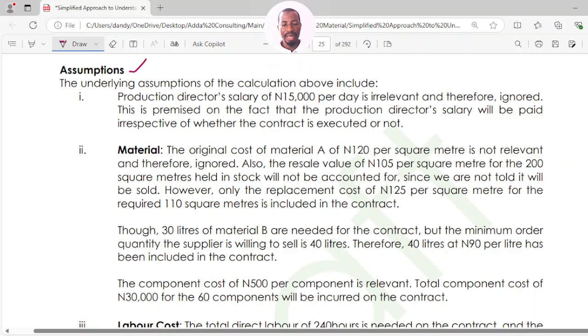Then the final assumption under requirement number 2 is the component. The component cost of 500 naira per component is relevant. The total component cost of 30,000 naira for the 60 components will be incurred on the contract.